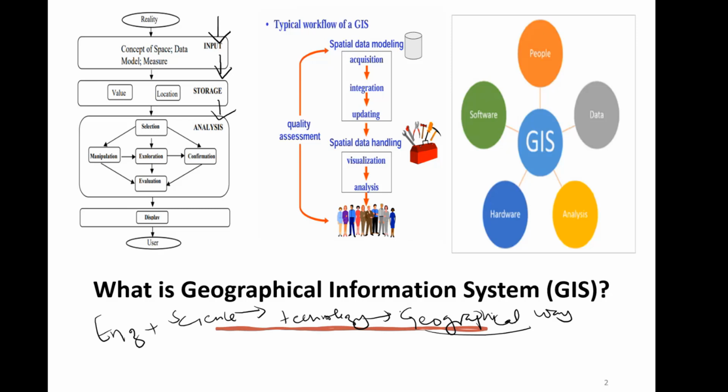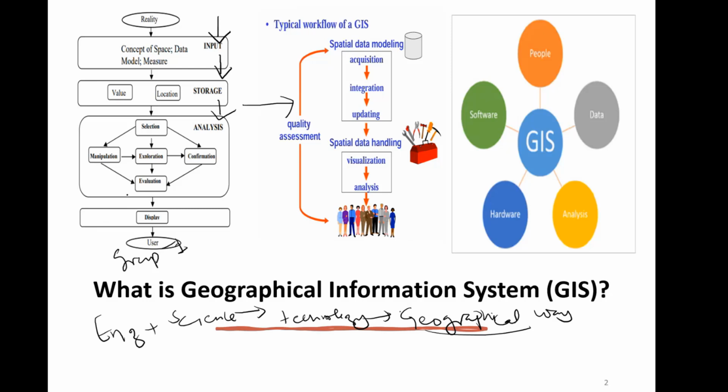As you can see here, this is the typical network flow of a GIS. First of all, we need spatial data modeling along with quality assessment, and then spatial data handling. This is the second representation of that graph number one.